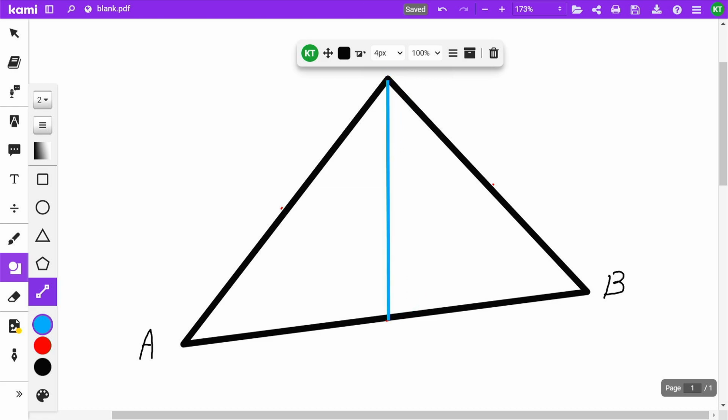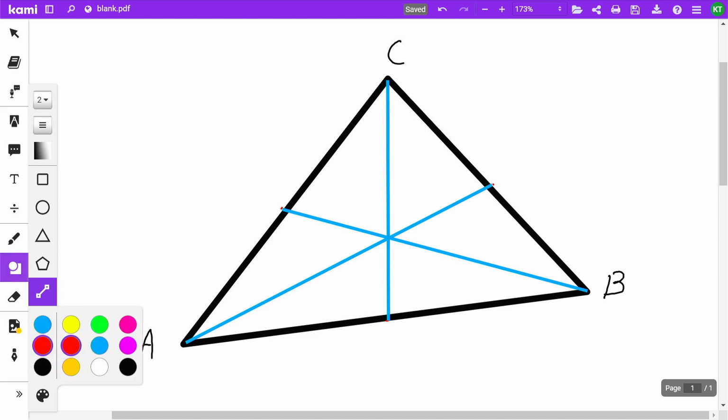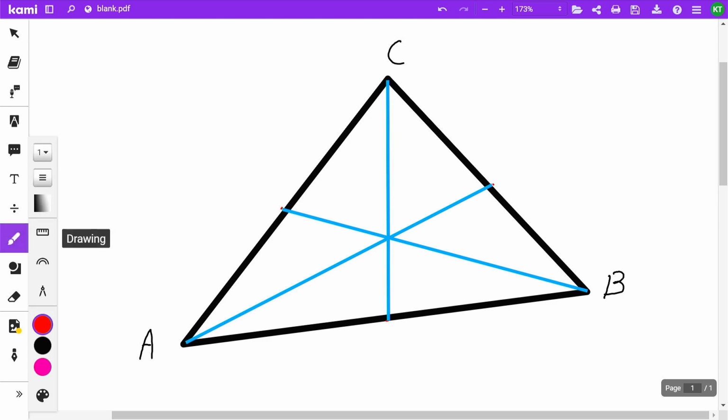So let's say right here. For B, it'd go from here to here. And then for A, it would go from here to here. This is probably the best one so far. But this would be our centroid. I don't actually have to erase anything here either, okay? So I would just go ahead and have this right here as my centroid.